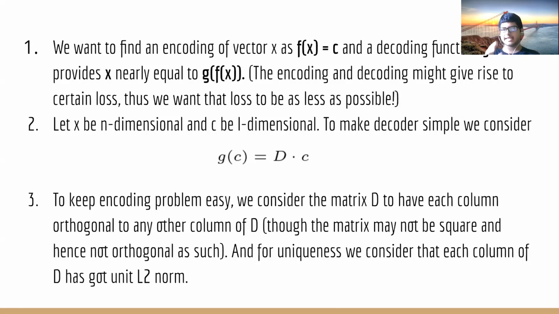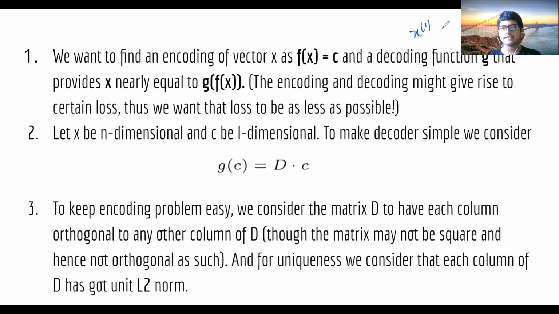For instance, let's say x is n dimensional. I'm taking one data point. Clear? Let me term that x1, and this belongs to R^n. This is an n dimensional vector, meaning n features, if you may say. And we want to compress this, or we want to find its encoding in a lower dimensional space.